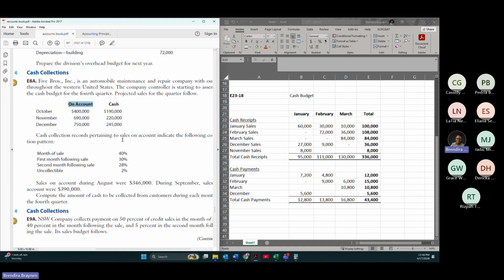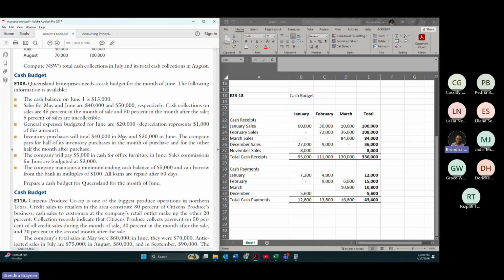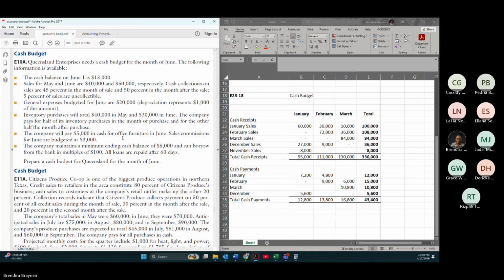let me go to the other textbook. So here they would have told us inventory purchases will total 40,000 in May in this particular question and 30,000 in June. The company pays for half of its inventory in the month of purchase and the other half the month after purchase. That's where we apply half and half, so 50% and 50%.